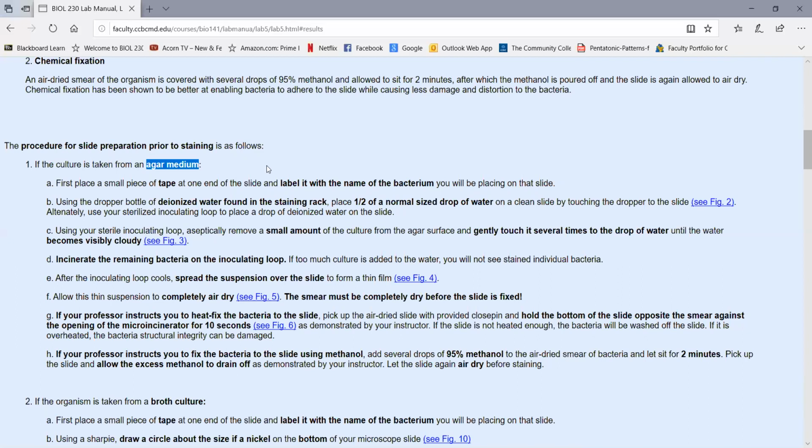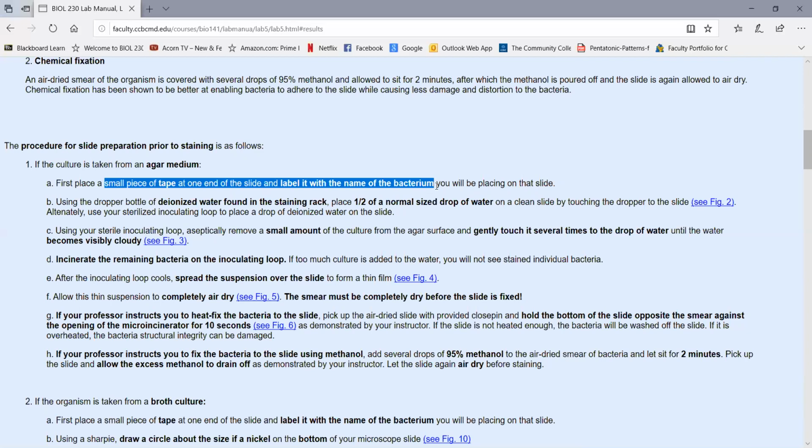shapes, arrangements, and such. Now, since we're often staining several bacteria during one lab period, we're going to put a small piece of tape on one end of the slide and label that with the initials of the bacteria. So remember to do that so you know which bacterium is on which slide when you go to look at it under the microscope.